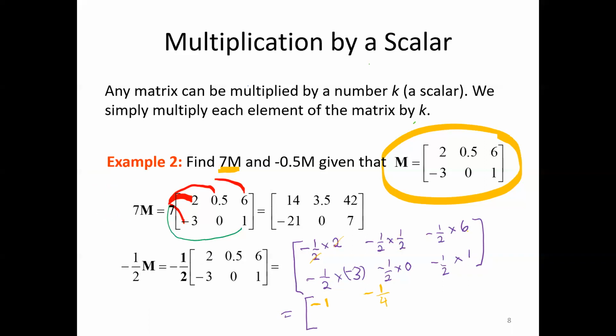Minus half times 6 means 6 divided by 2, which is minus 3. And minus half times minus 3, minus times minus is plus, then it's 3 over 2. And this is 0. Minus half times 0 is 0. Minus half times 1 is minus half. Okay?